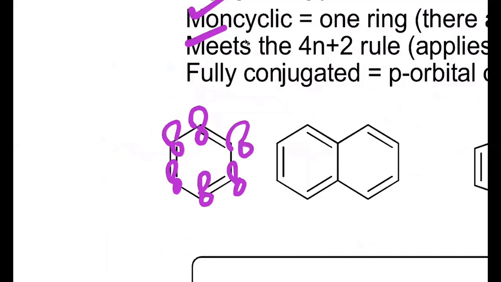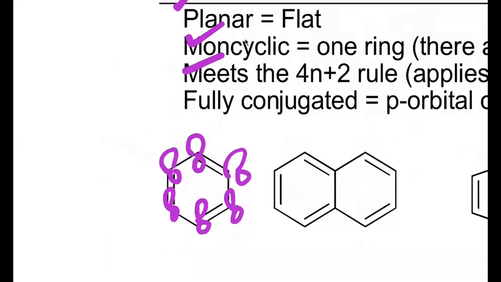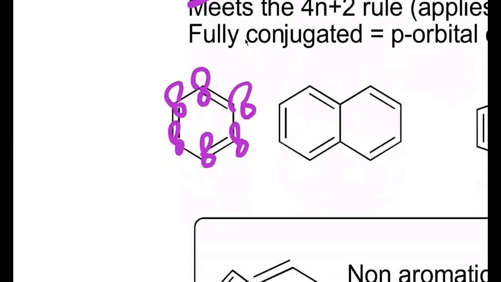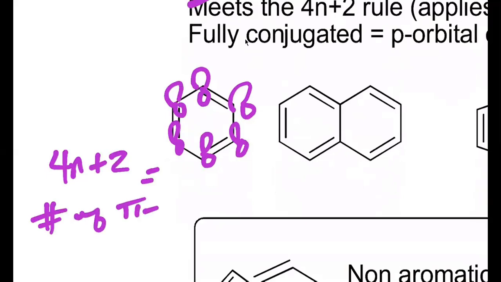It's flat, and it meets the 4n plus 2 rule. So what is the 4n plus 2 rule? The 4n plus 2 rule is you set 4n plus 2 equal to the number of pi electrons.